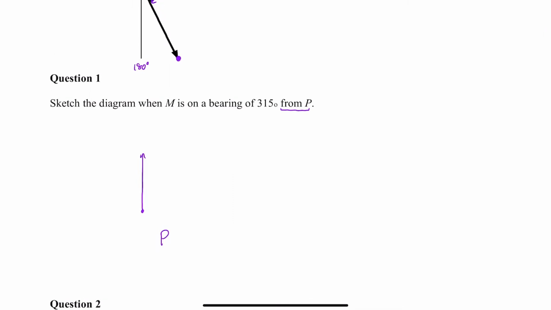So we know that it should be somewhere there, and we can fill out this is 315 degrees. Okay, and that's it. That's how we draw the diagram for this type of bearing question.